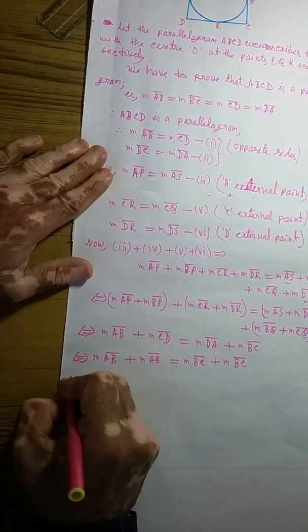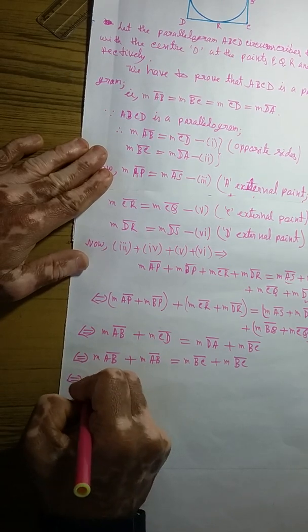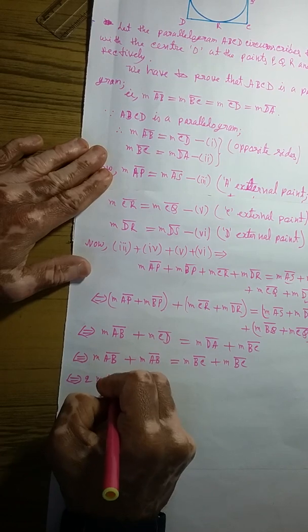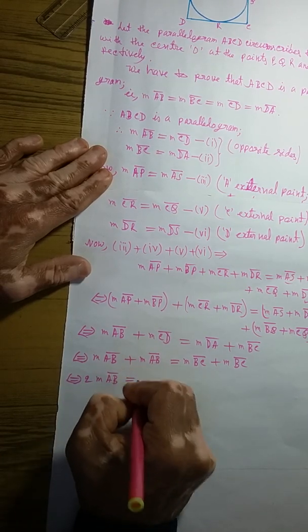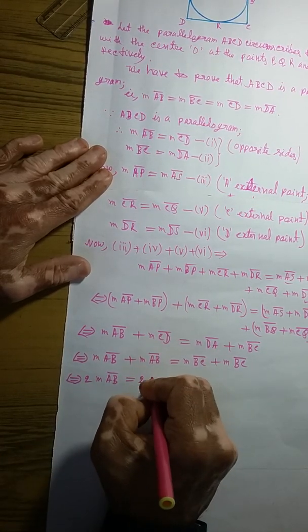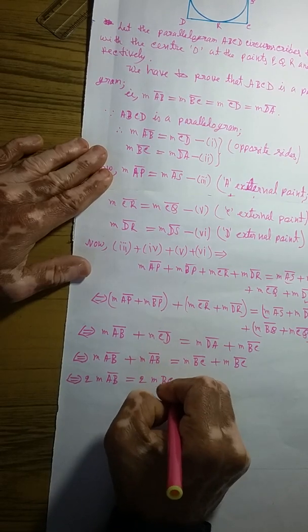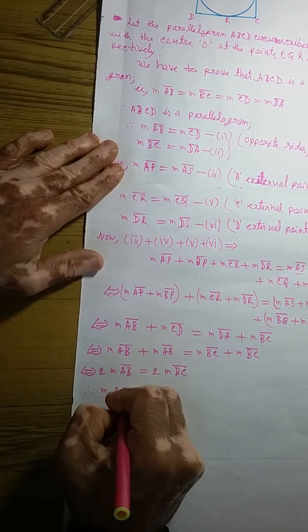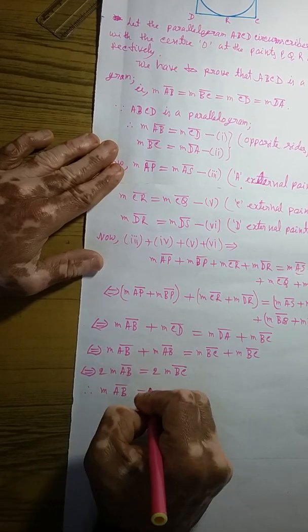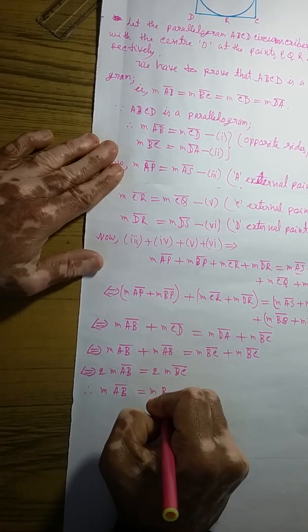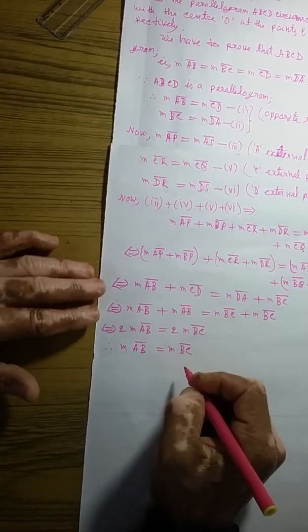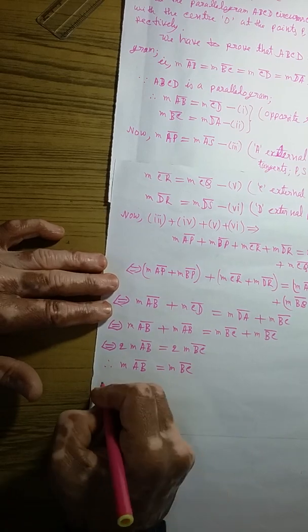This again implies twice the measure of AB is equal to twice the measure of BC. Therefore, measure of AB is equal to measure of BC, dividing both sides by 2.